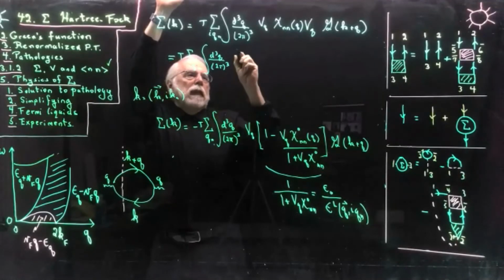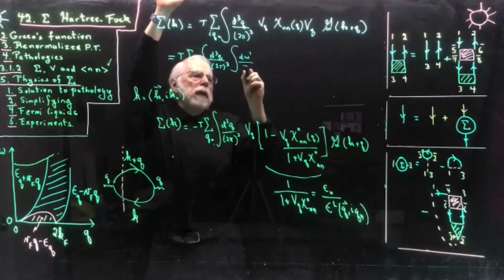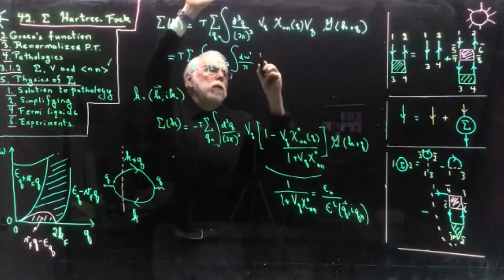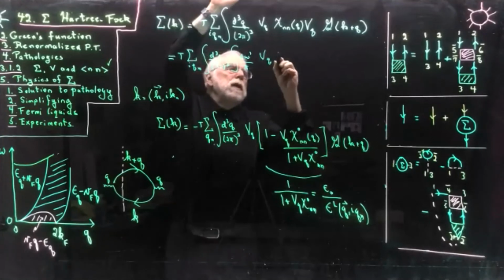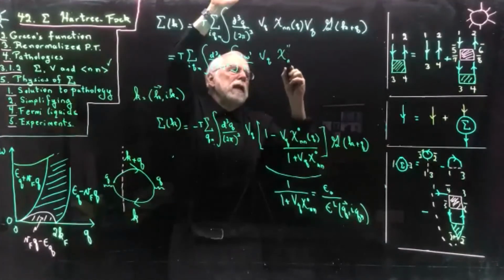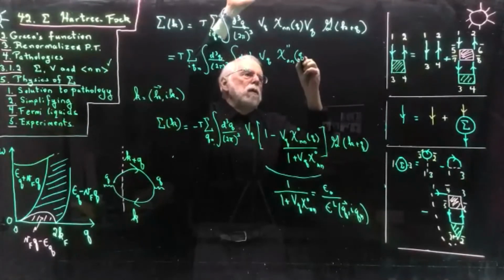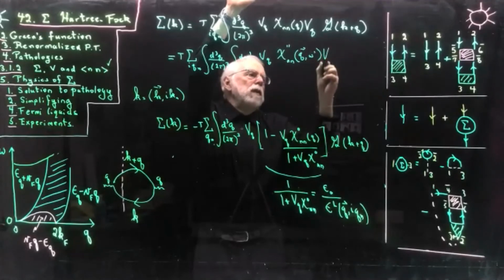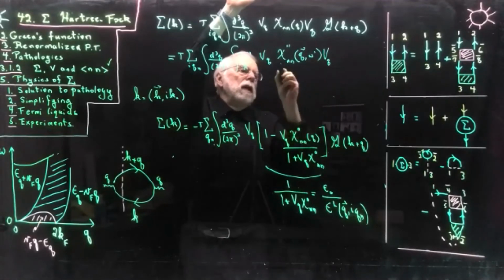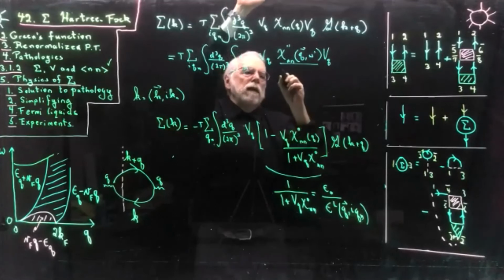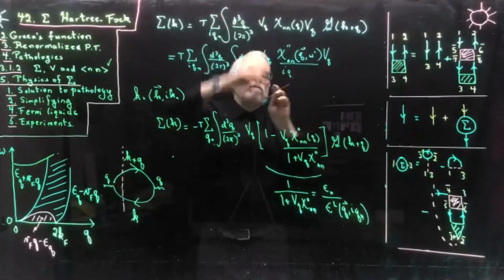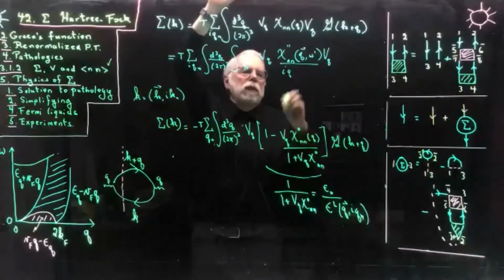So I can write an integral d omega prime over pi of v of q times chi double prime n of q and omega prime times v of q, divided by iqn, omega prime minus iqn.